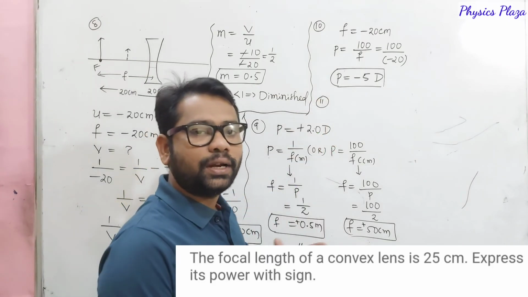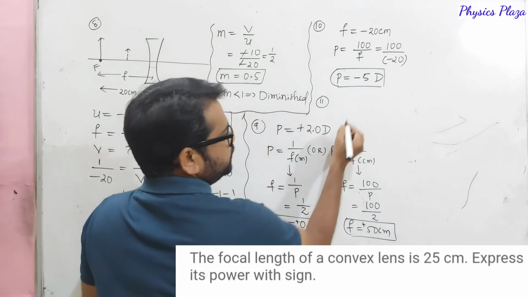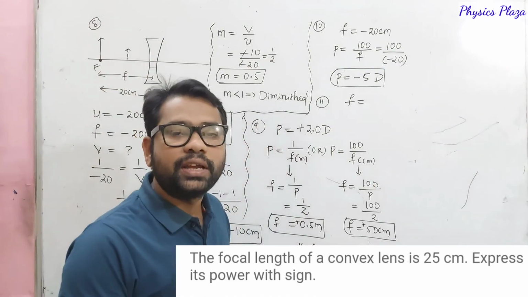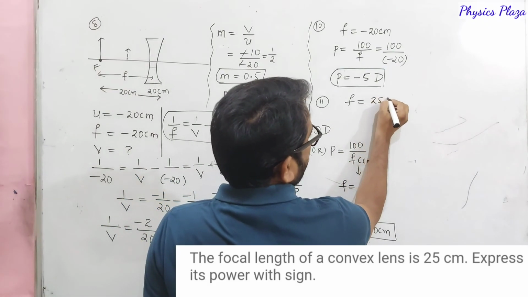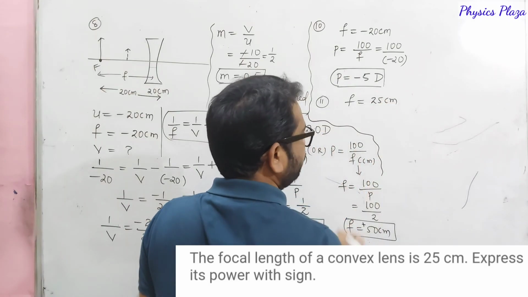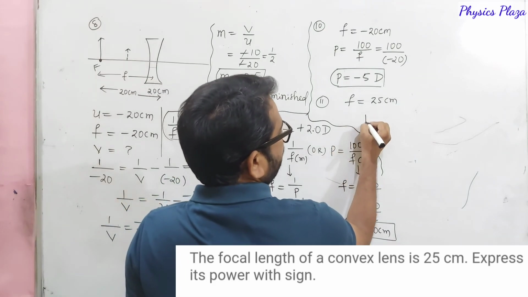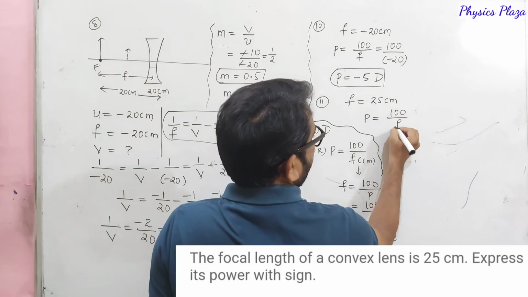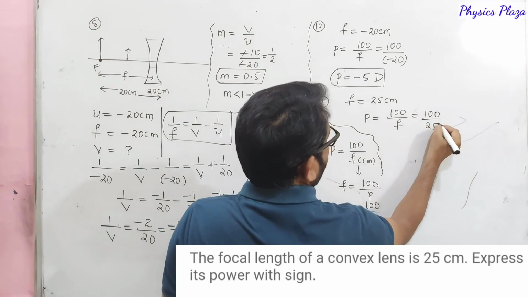Okay. Now, question number 11, dear children. It is given that the focal length of a convex lens is 25 centimeters. So, F is equal to, as it is a convex lens, its focal length is positive only. So, it is plus 25 centimeters. Then we need to find the power. How can we find it? We know that P is equal to, same formula, 100 by F. So, it is 100 by 25.